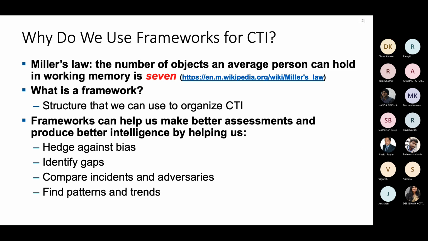And the last part: within these frameworks that we use for certain actors, we can very easily start looking for patterns in how they're trying to attack us, what the most common approach is today, and what the trend is.